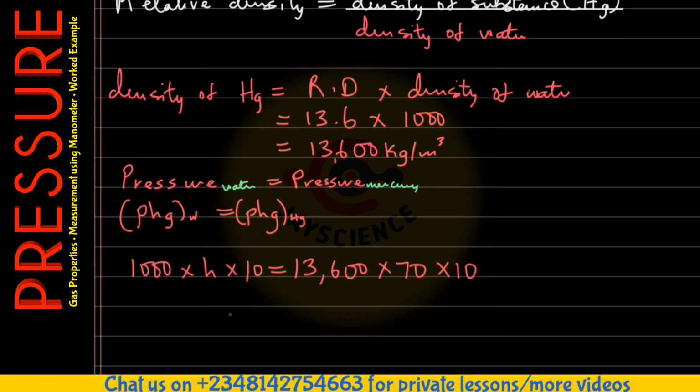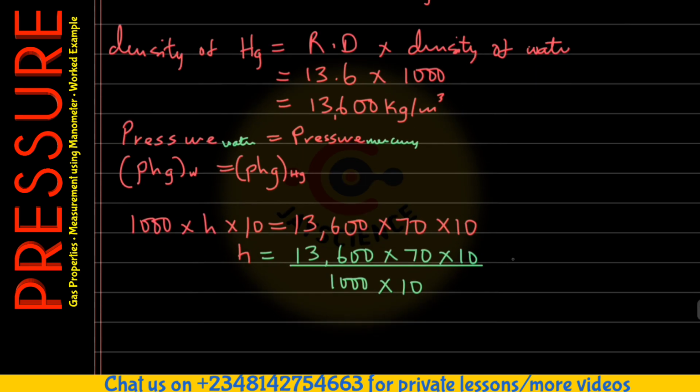So we have to make h the subject of formula. Right here, h will be equal to 13,600 multiplied by 70 times 10 over 1,000 times 10. And if you plug that into your calculator, you should have 952 centimeters.